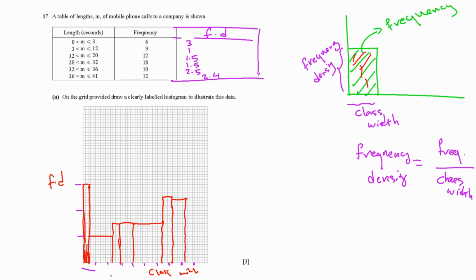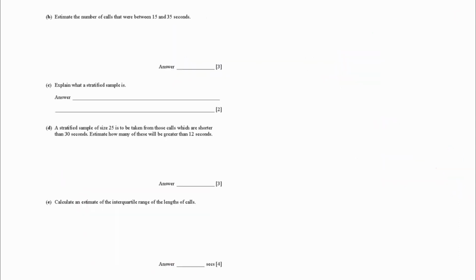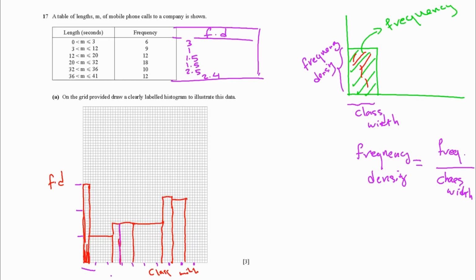And then what was the other number? It is 35. So 35 is somewhere around here. Yeah, that's 41, and that is 35.